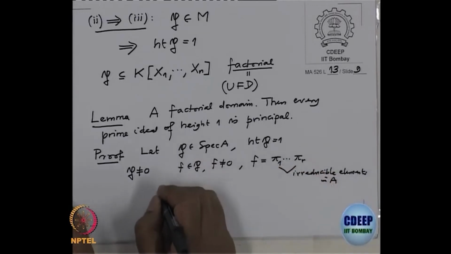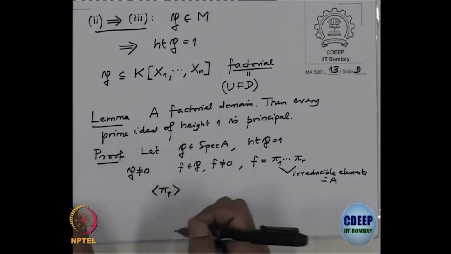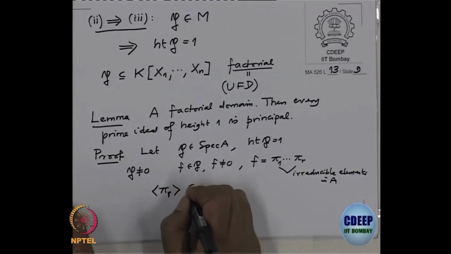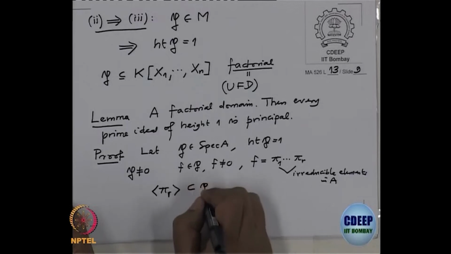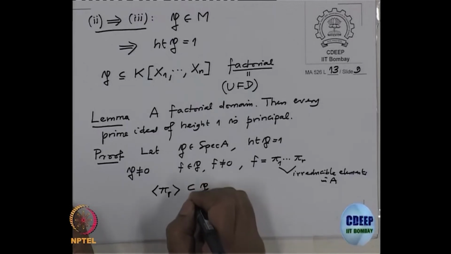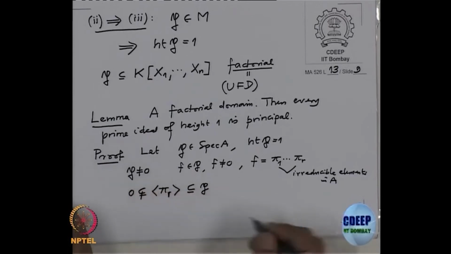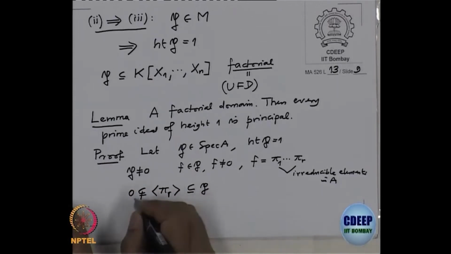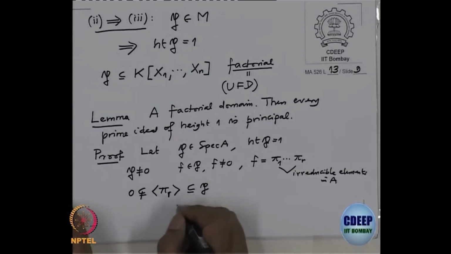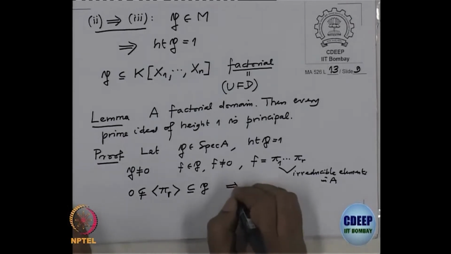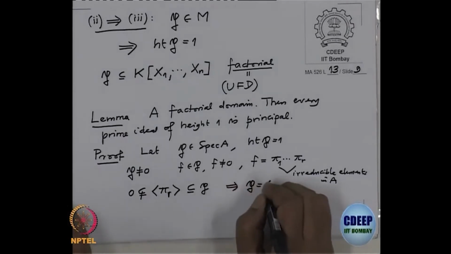So, pi 1 will generate a prime ideal, and it is definitely contained in P, and this is non-zero, and because P is height 1, there is no option but to have equality here. So, that will imply P is equal to the ideal generated by pi 1.